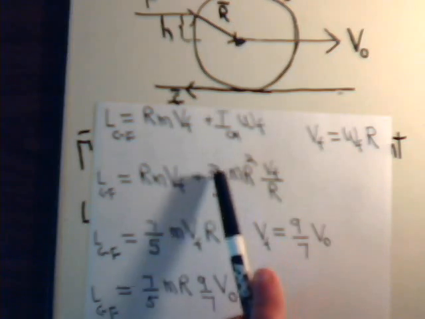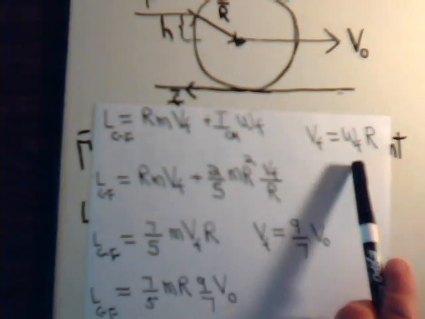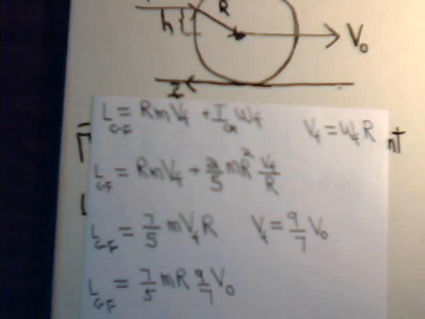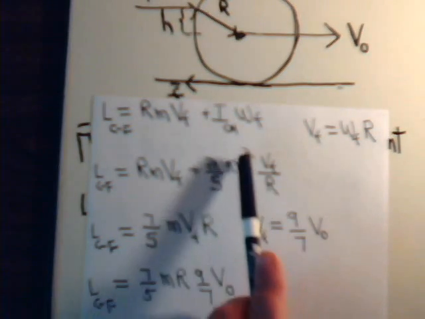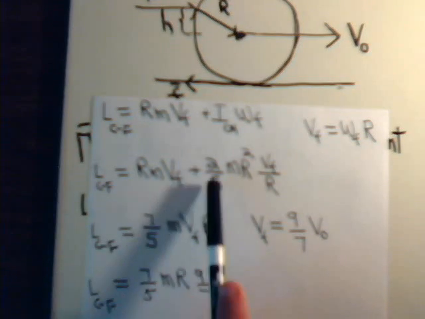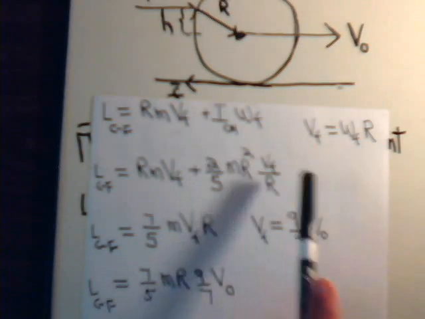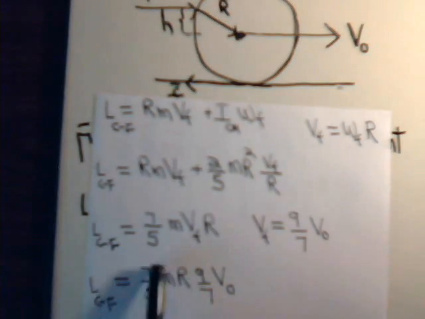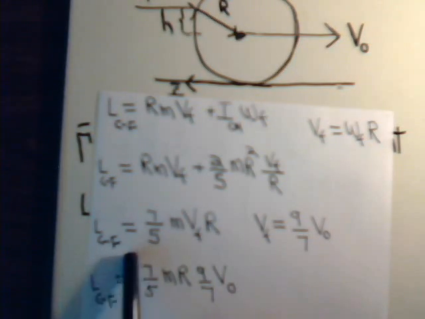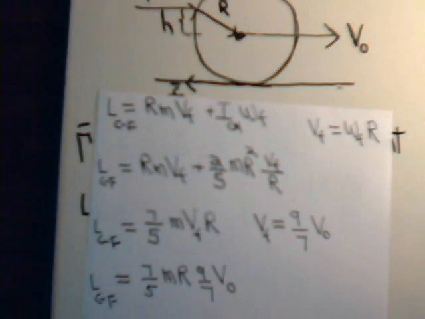The moment of inertia is 2/5 m r squared, and omega is just Vf divided by r. So this and this cancel, and we have r m Vf plus 2/5 r m Vf. Added together, we have 7/5 m Vf r. That is the angular momentum when the ball goes into pure roll.